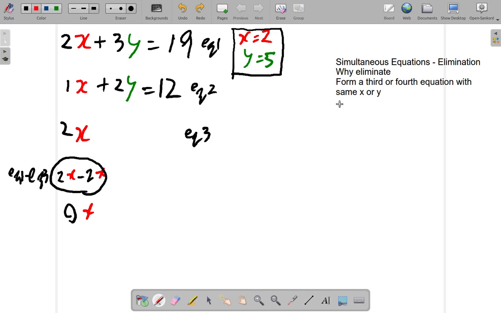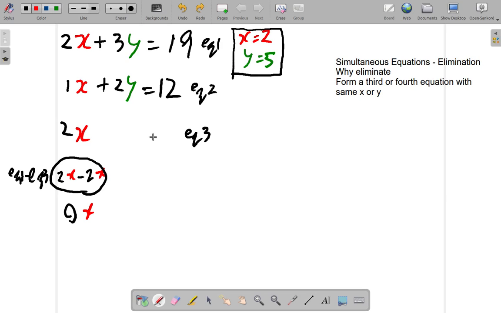Now I can't just write down an equation with a 2x. This is a system of equations and it must match with the other equations. So what I need to do is take equation 2 and do something to equation 2 so that I form equation 3.